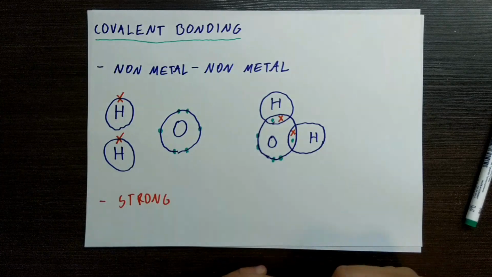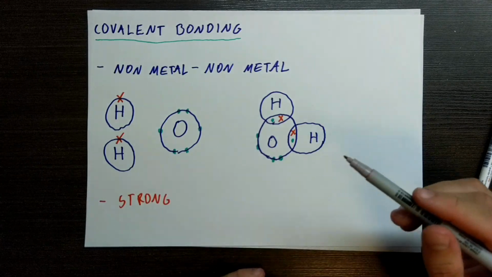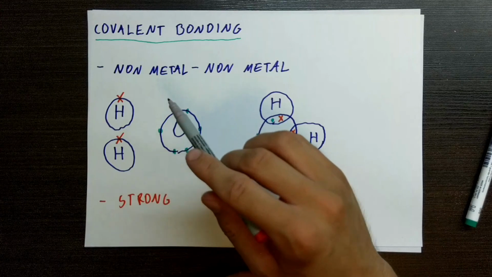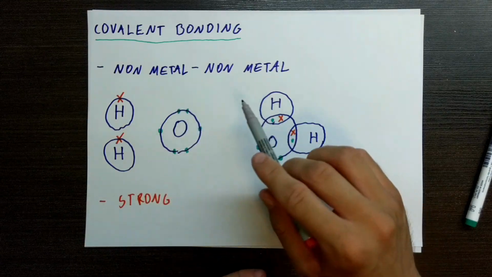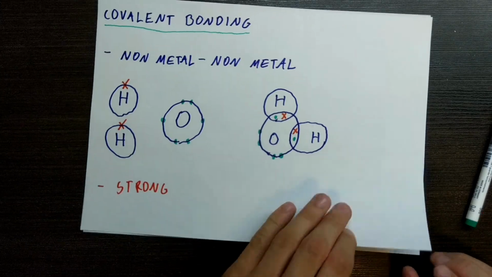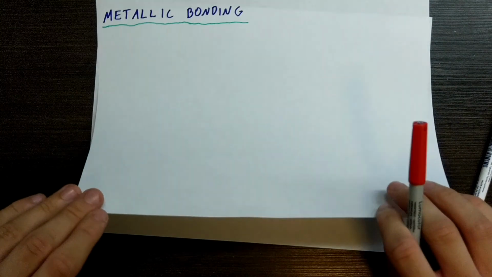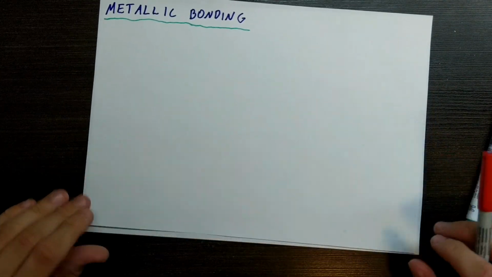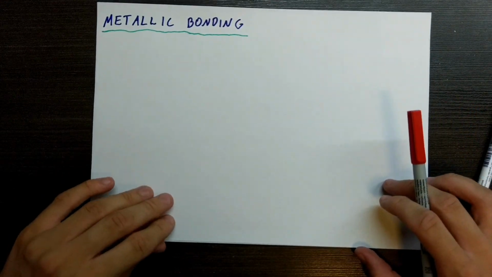So we had ionic bonding, which is metal and non-metal, and we have now covalent bonding, which is usually non-metal and non-metal. So this makes sense to cover the last type of bonding we'll be covering today, and that is metallic bonding.